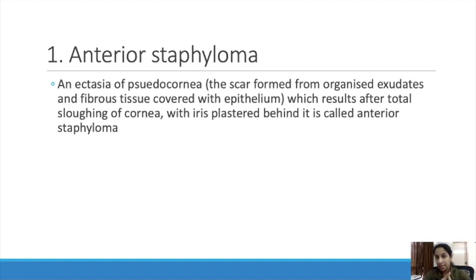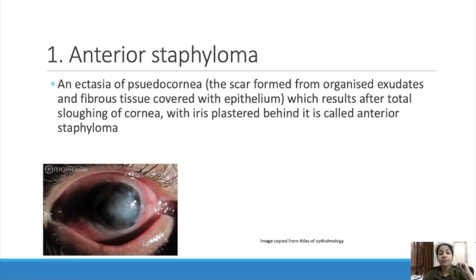You can see the iris behind the pseudocornea. The pseudocornea is nothing but organized exudates after the sloughing of the cornea. That is known as anterior staphyloma. It is seen in the anterior part of the outer coat of the eye, that is the cornea.